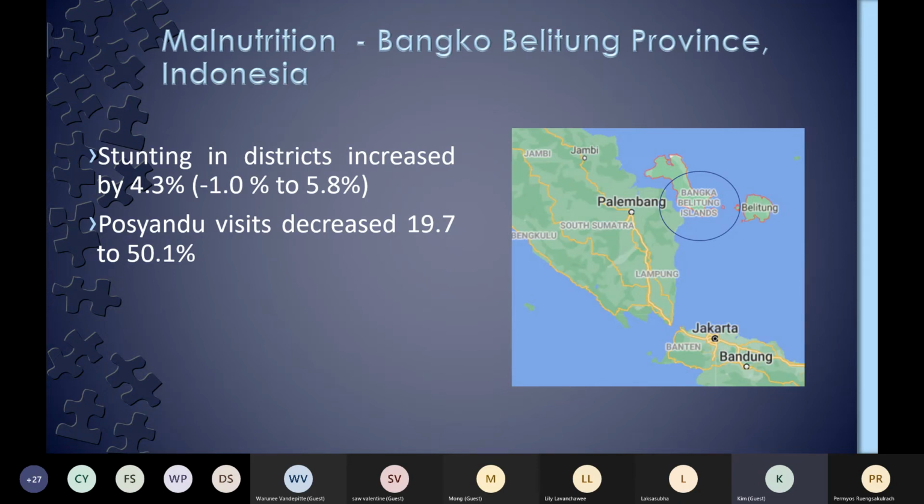This is a study that was done by colleagues from the Indonesian Pediatric Society, in a very small area of Indonesia. You can see circled here that during the pandemic there was a substantial increase in stunting, and a very substantial decrease in posyandu visits, and the posyandu in Indonesia is the primary healthcare unit.